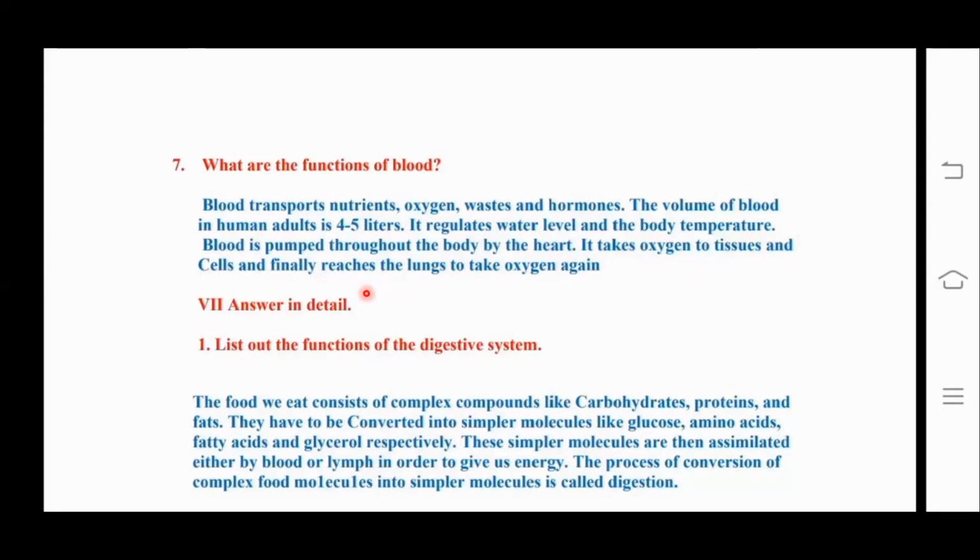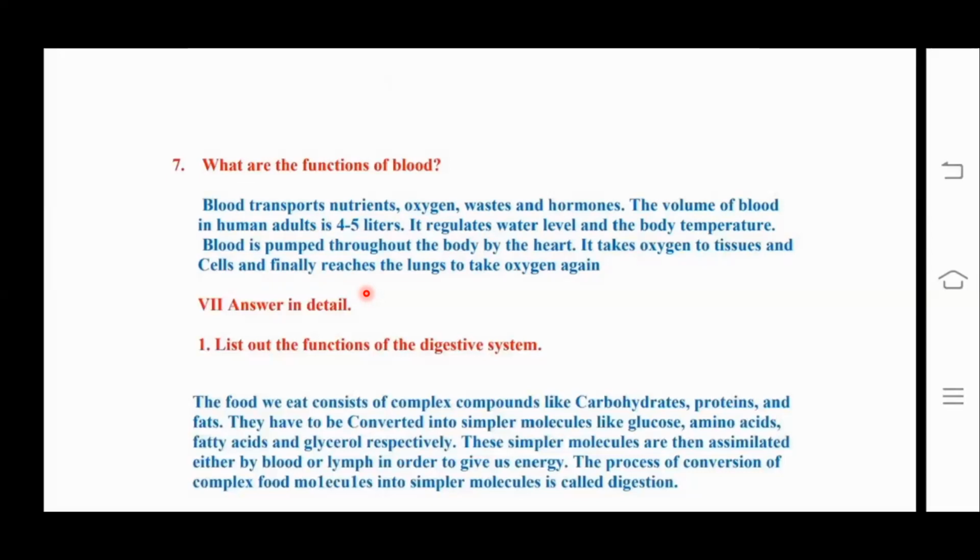The blood transports nutrients, which include carbohydrates, fats, and proteins, and it also carries oxygen. The volume of blood in human adults is 4 to 5 liters. Blood also regulates the water level and body temperature.